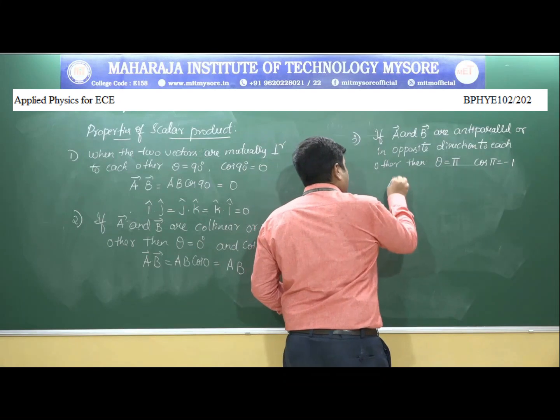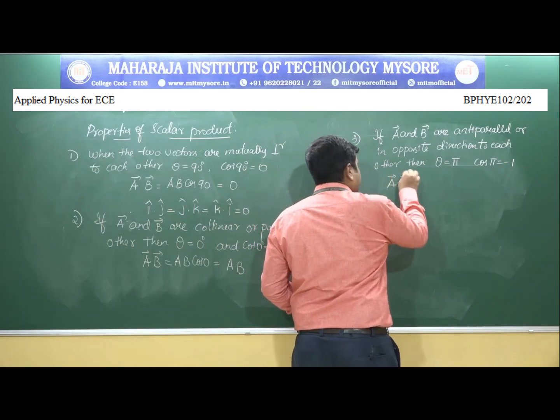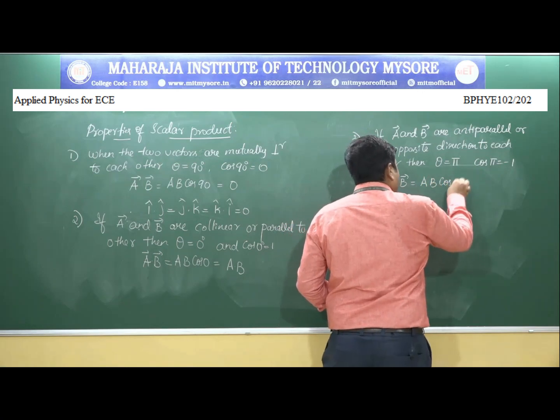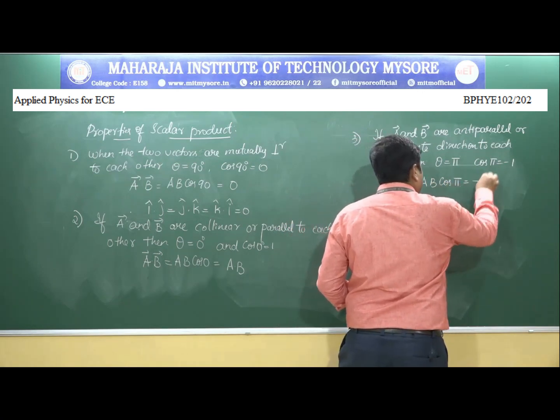So, we can write vector A dot vector B is equal to AB cos pi, that is equal to minus A dot B.